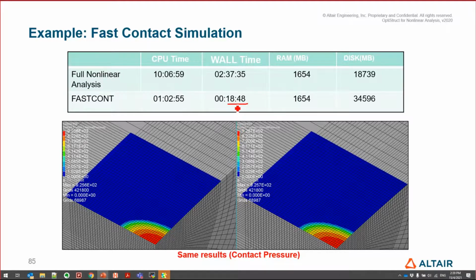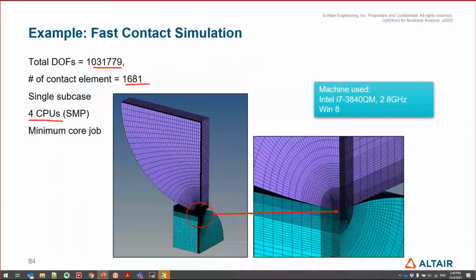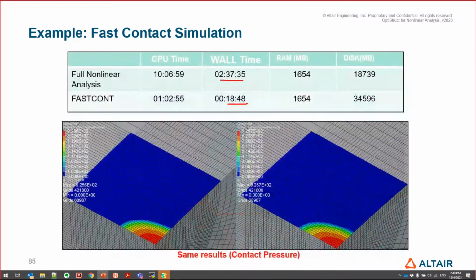Fastcon solved this in 18 minutes compared to 2.5 hours in normal nonlinear analysis. So it's going to solve much faster, but again, only if your condition allows. That means there's no other non-linearity, only contacts, and the contact is frictionless.